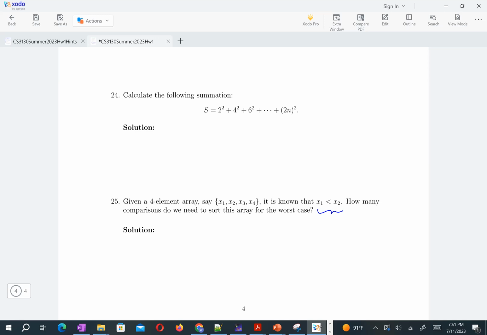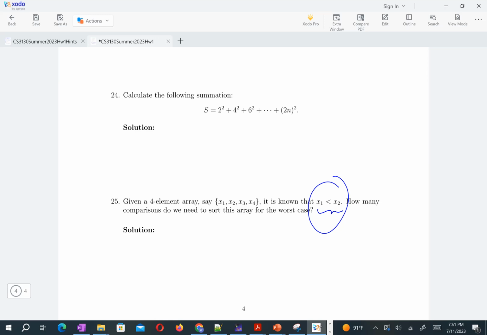Do you remember the lower bound formula we just talked about? Without the first comparison, the minimum number of comparisons is given by it. But after the first comparison, how many comparisons do you need for the remaining work?